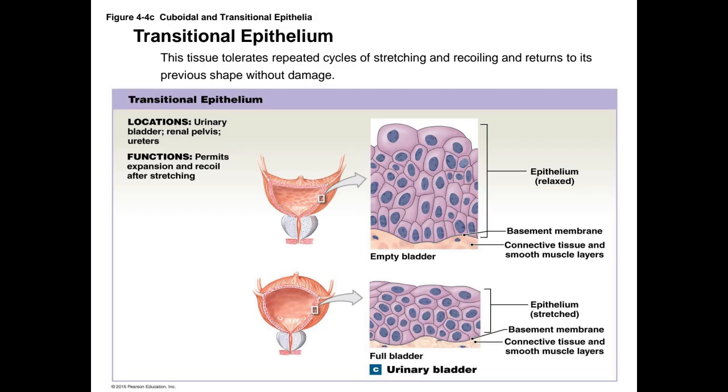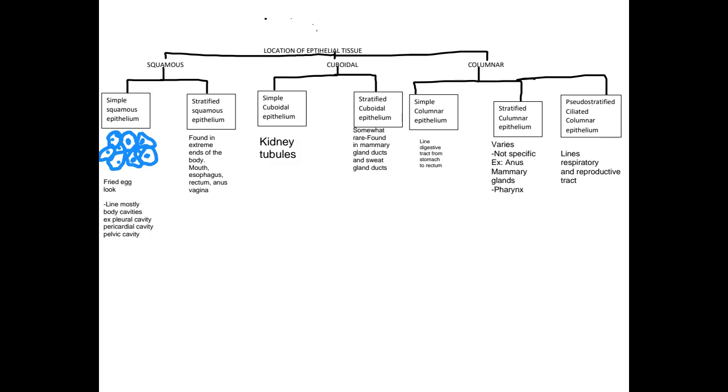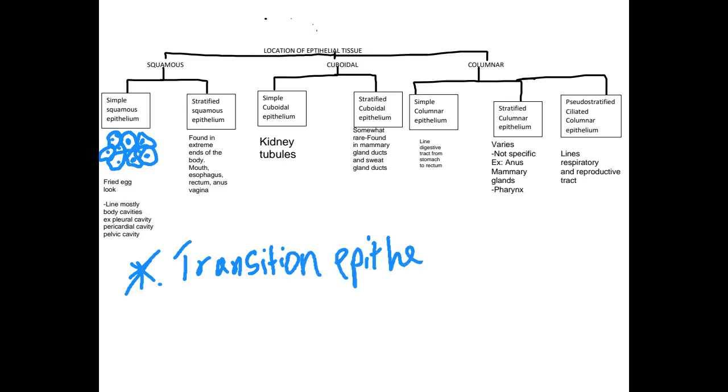So what I'll do is I'll just put it here as an asterisk of some sort, and I will say that transitional epithelium is the other type of tissue.